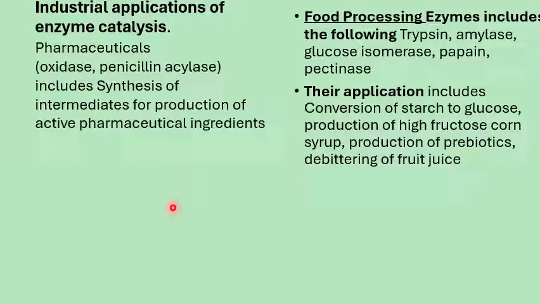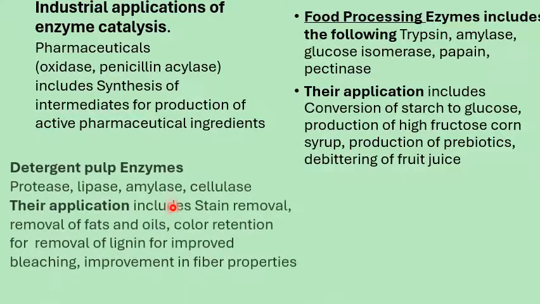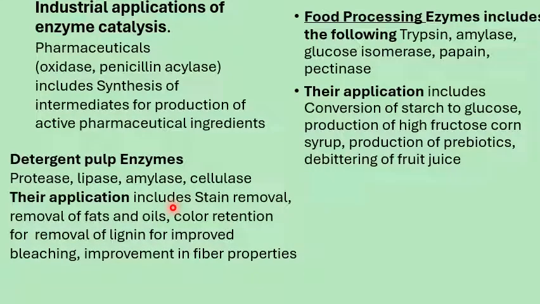We also have some of them that are used industrially for detergents and the making of paper pulp. We have enzymes such as protease, lipase, amylase, and cellulase. They act as detergents. They remove stains. They are stain removers. They can also remove fat and oil.